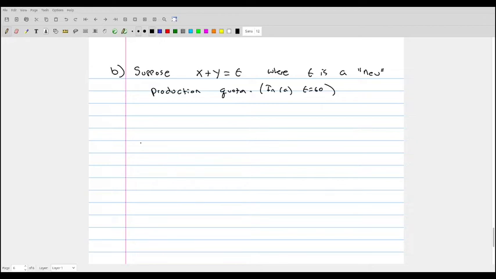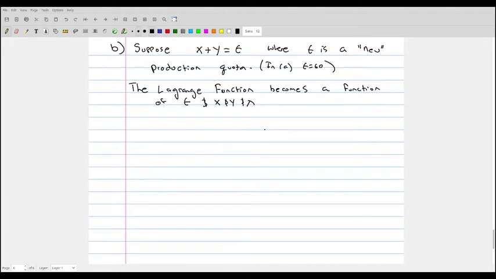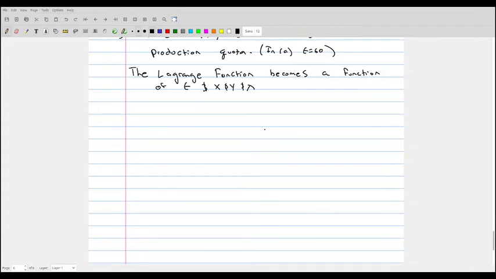And what happens is the following. We still have our Lagrange function, but the Lagrange function becomes a function of t and still of all the other variables as well, so x, y, and lambda. And x, y, and lambda are actually functions of t.